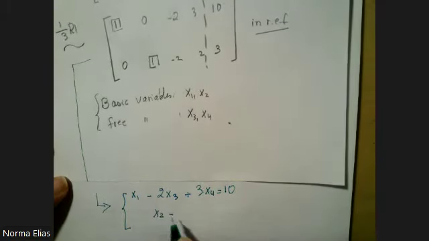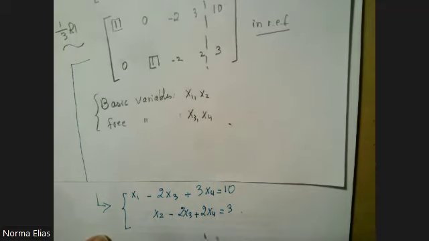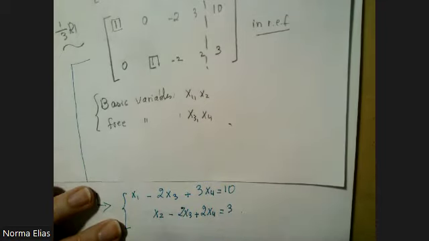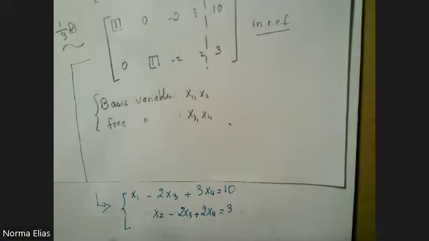It's x2 minus 2x3 plus 2x4 equal to 3. This is not the solution. This is the system whose solution is equivalent to the other system. Now, to write the solution means I want x1, x2 in terms of the free variables.